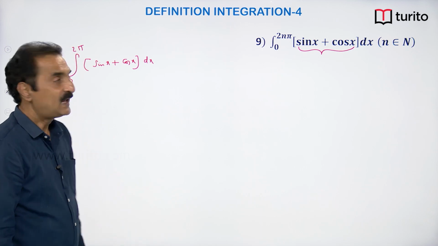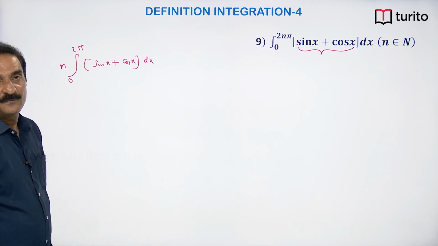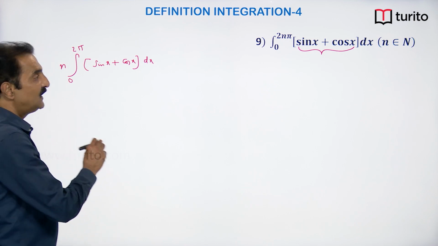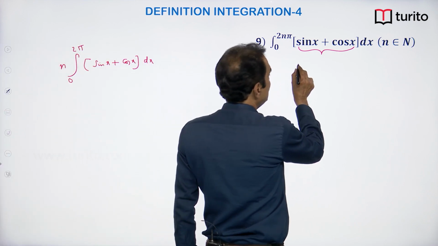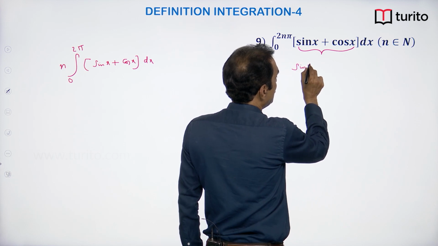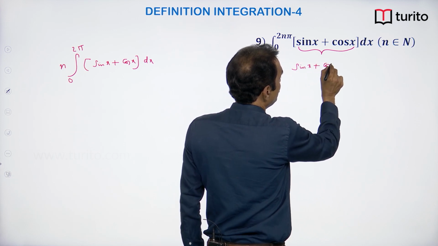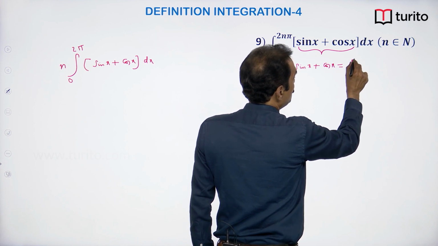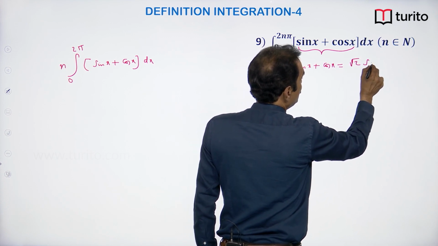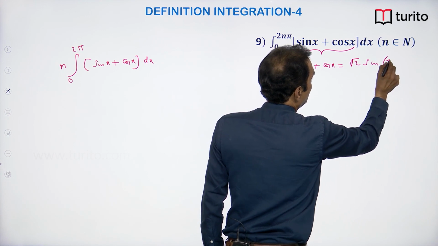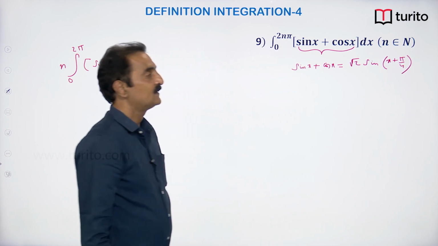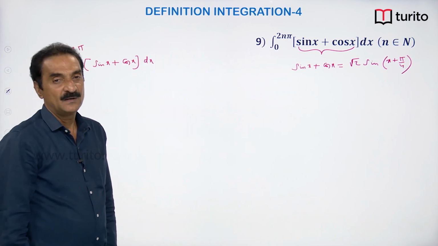Now to calculate this, we have to draw the graph of sin x plus cos x, and you know that sin x plus cos x is, multiplying and dividing by root 2, root 2 into sin of x plus pi by 4. Okay.